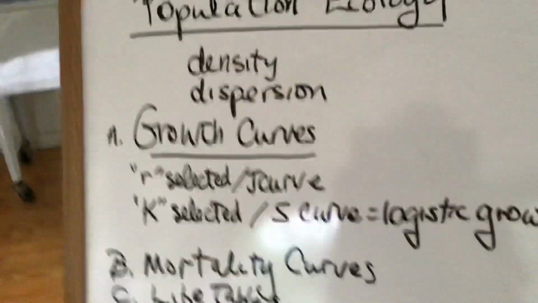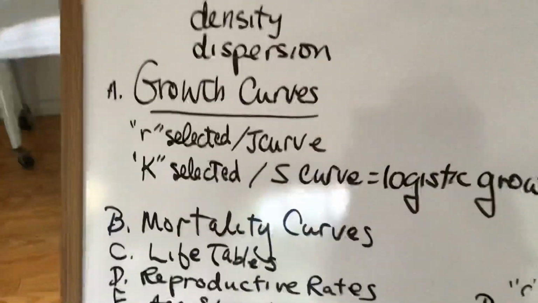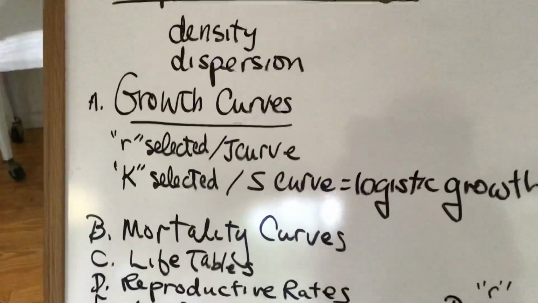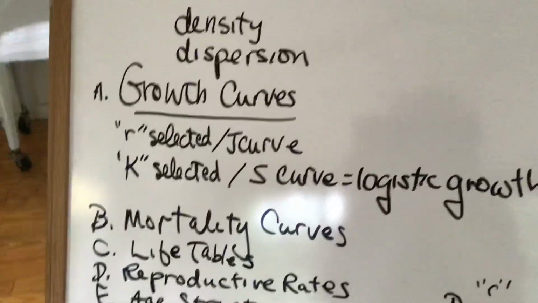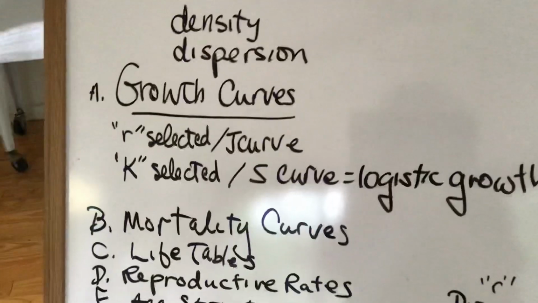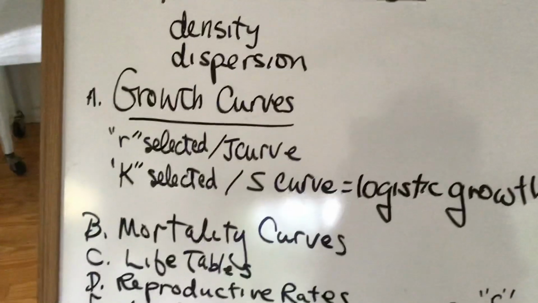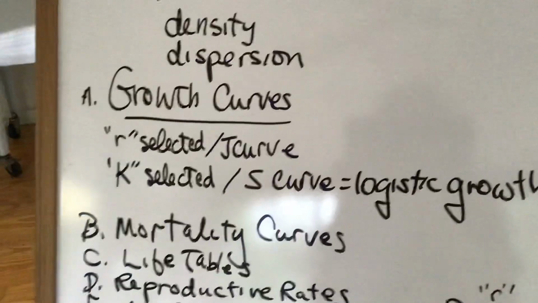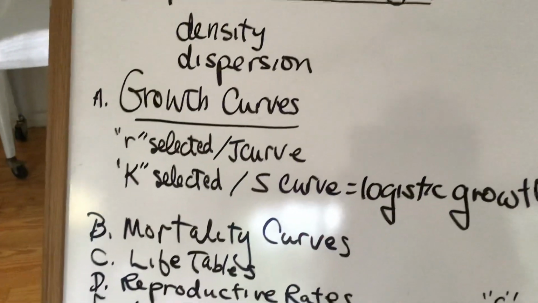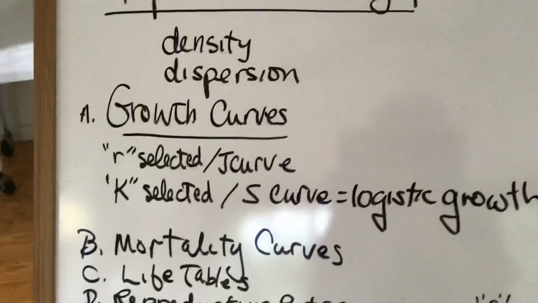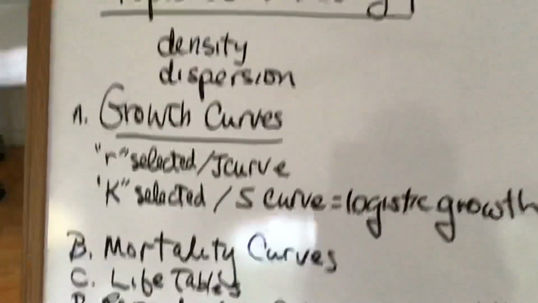Okay, the other thing we can look at is something called growth curves. There are basically two types of organisms, although this is just a generalization, not necessarily reality for every organism. The first type of growth curve is what they call a J curve.